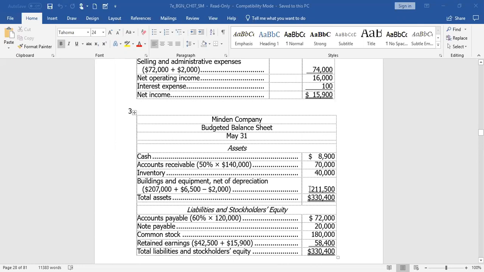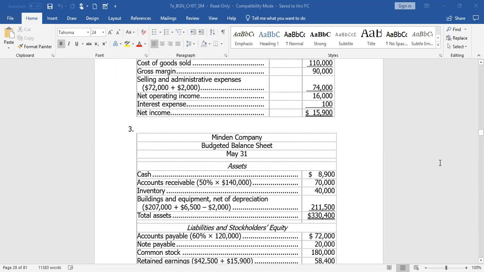Now, we need to calculate our building and equipment net. How do we do that? Well, what was our building and equipment at the beginning of May? According to the information on page 333, it was $207,000. Remember, you need to add any new building and equipment purchased.